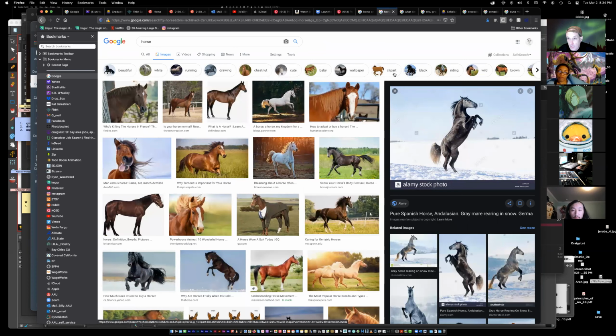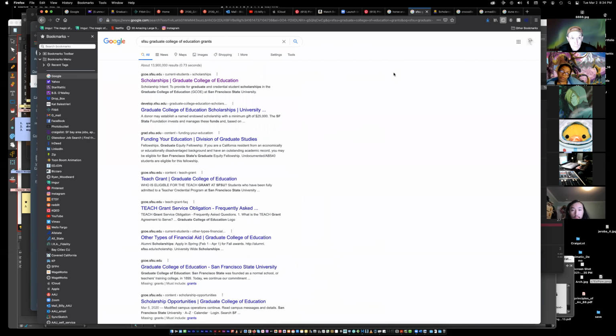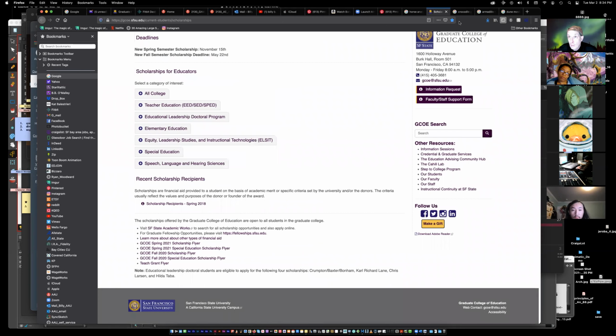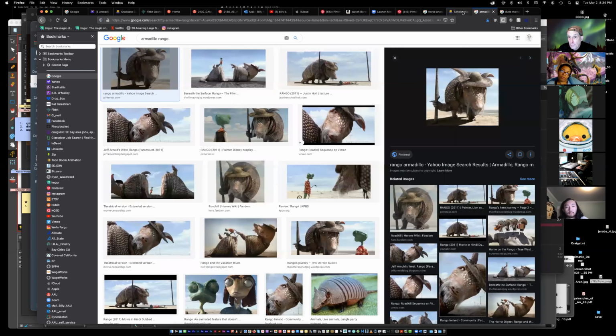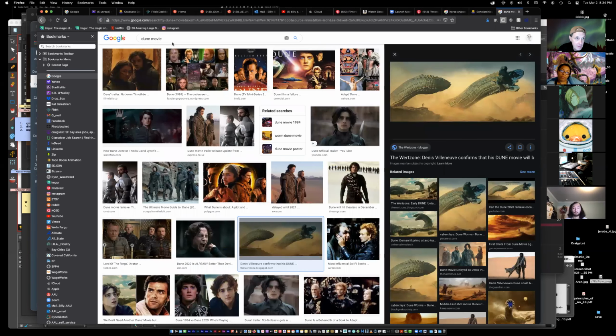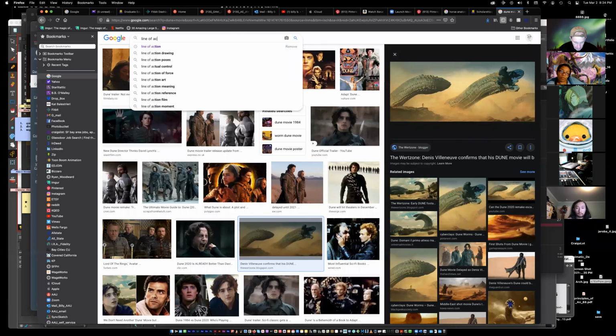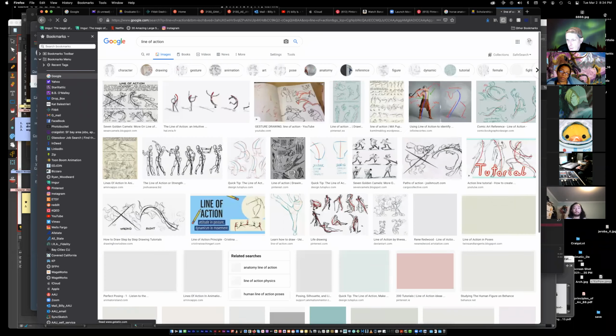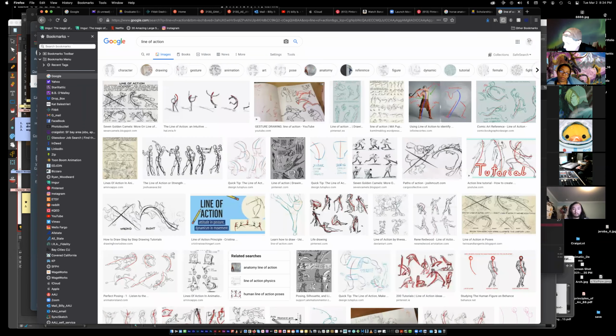So let me clear this out of here. All right, so the second part is, and I think that it's okay to go from our animal studies into an animal study with the horse.